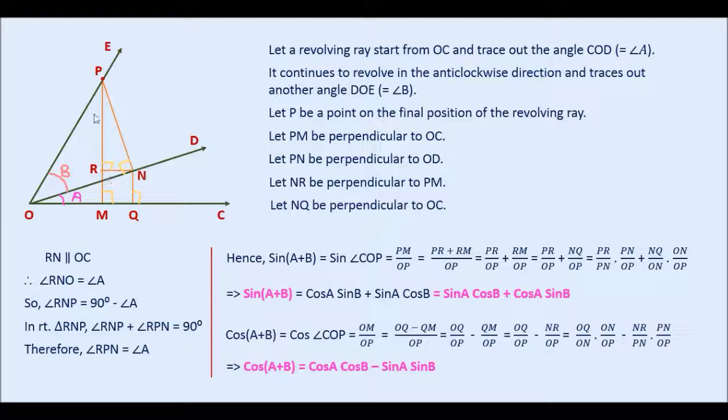So PN by OP is sine of angle B. Therefore, cos(A+B) is equal to cos A cos B minus sin A sin B. So these are the two trigonometric ratios of the sum of two angles.